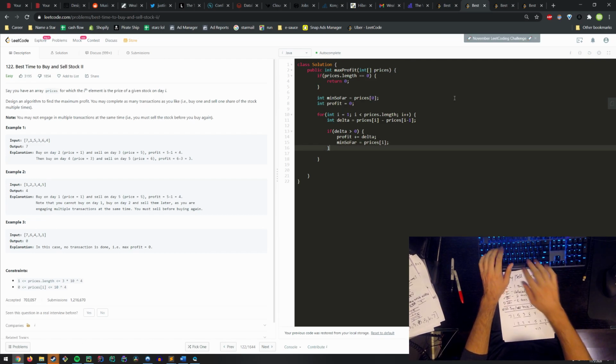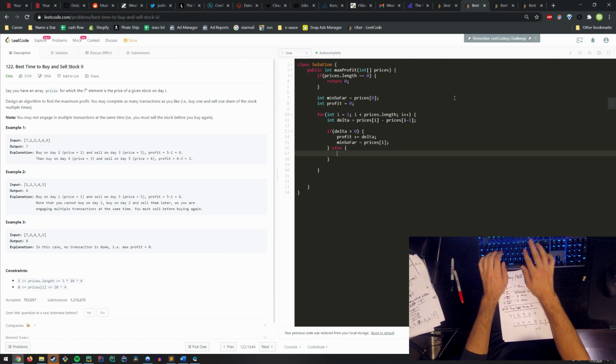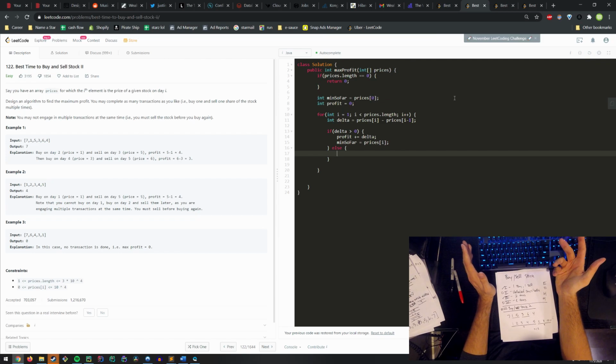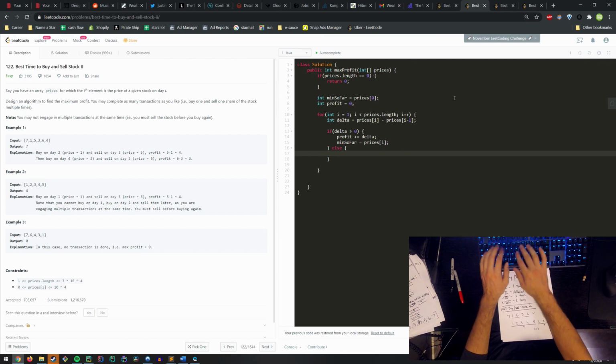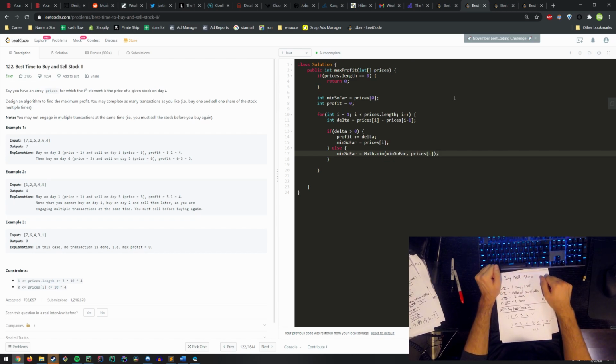Okay. What if we're looking at a loss? Well, we don't want to engage in a transaction, but what we will do is update the min. And at the end, we just want to return the profit.